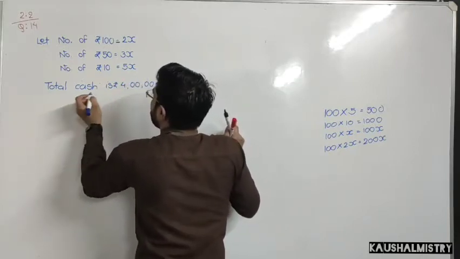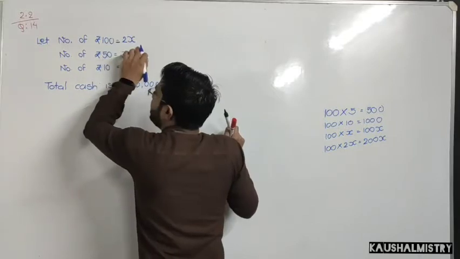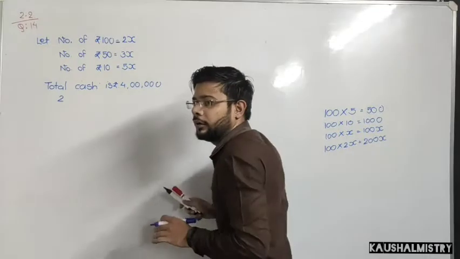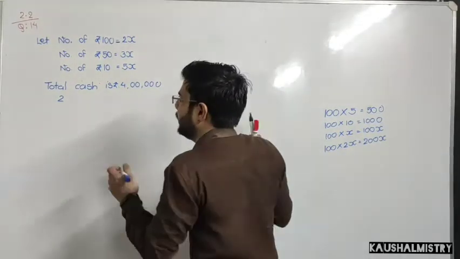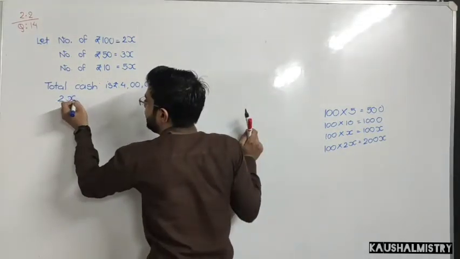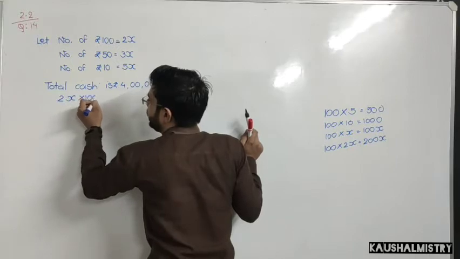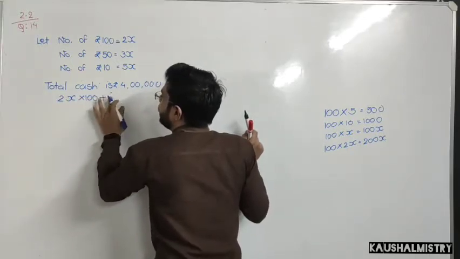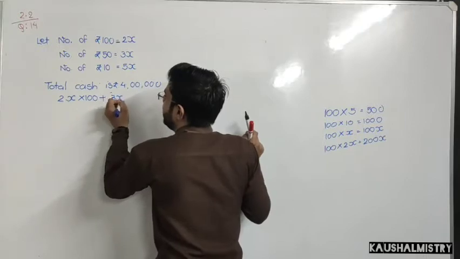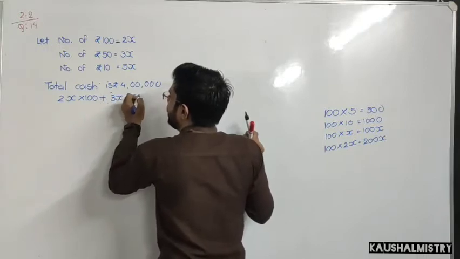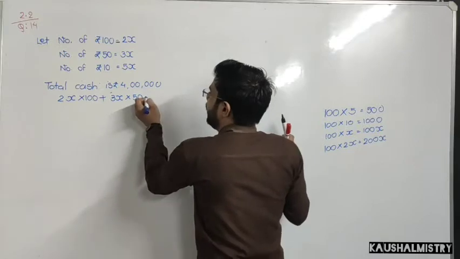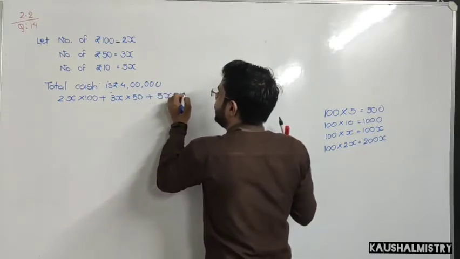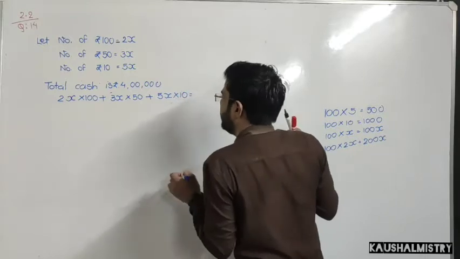So therefore, 100 into 2x, that means इतनी नोट के पैसे 100 रुपीज में है. That means 2x multiplied by 100, इतने कैश हो गए 100 रुपीज में. 3x मल्टीप्लाई बाय 50, इतने रुपीज 50 की नोट में होंगे. और 5x मल्टीप्लाई बाय 10, इतने रुपीज 10 रुपीज में होंगे.